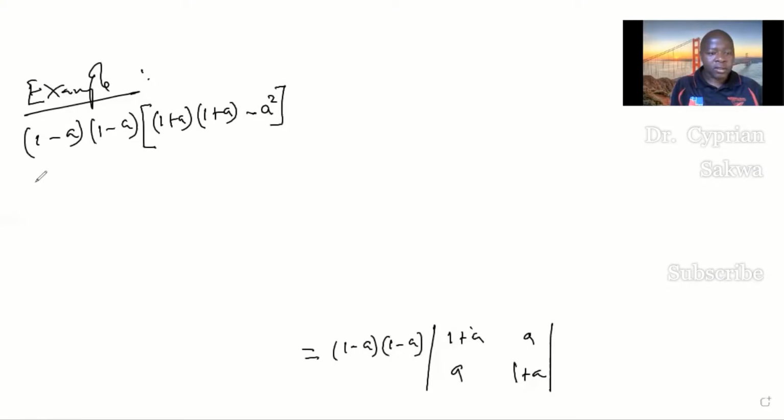So what is this? 1 minus R, 1 minus R, and inside this bracket what I have is 1, if I multiply this will be 1, this will be R, and this will be another R, so that is 2R, and this will be R square minus R square.